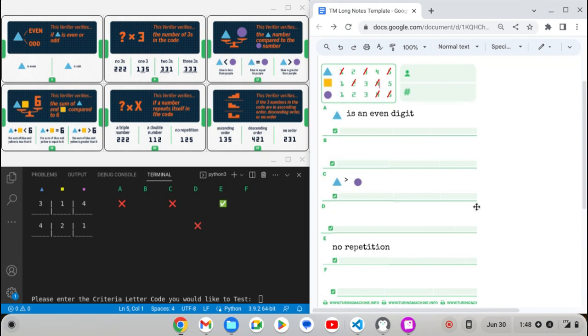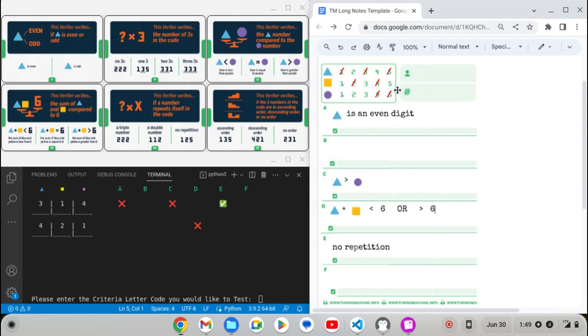Okay, that's interesting. So let me go ahead and also type in that triangle plus square must be either less than 6 or greater than 6.